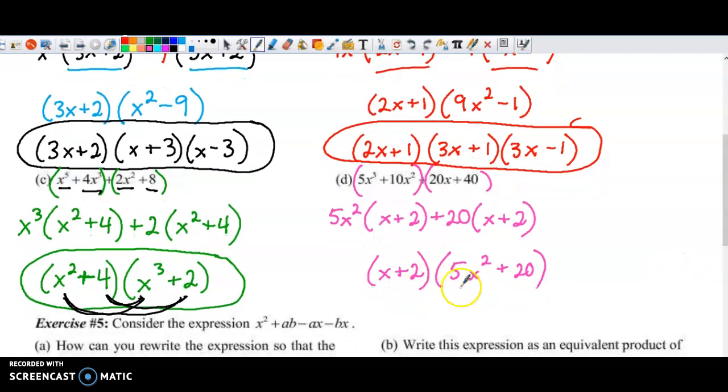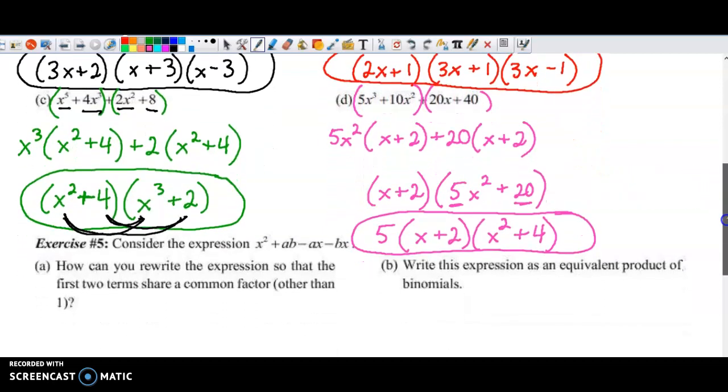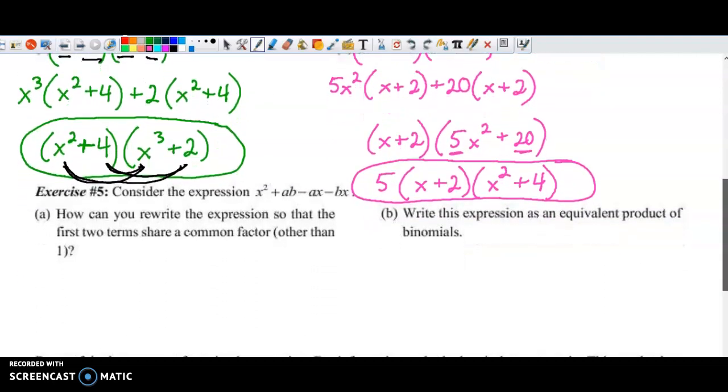You actually do have a greatest common factor here, which we also had a greatest common factor to begin with. So the best answer would have had a 5 factored in front. So I apologize for doing it this way, because I suggested earlier in a previous video to do your greatest common factor first. But you can actually do your greatest common factor at the end as well.